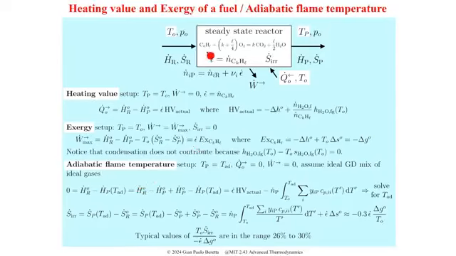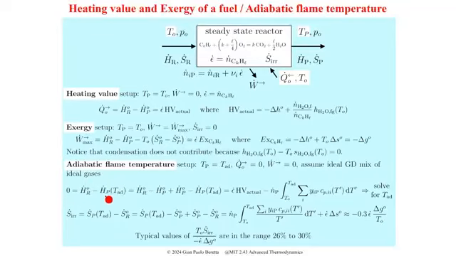The final setup of this is one in which you compute the adiabatic flame temperature. No heat, no work, just an adiabatic insulated reactor in which you just have this combustion reaction occur. The energy balance is this one.